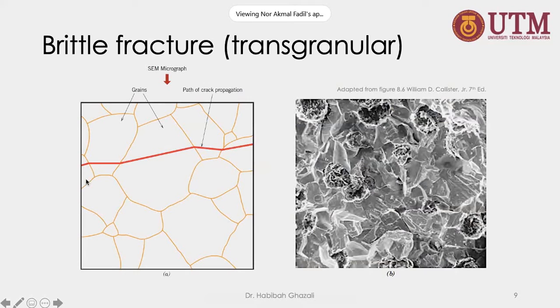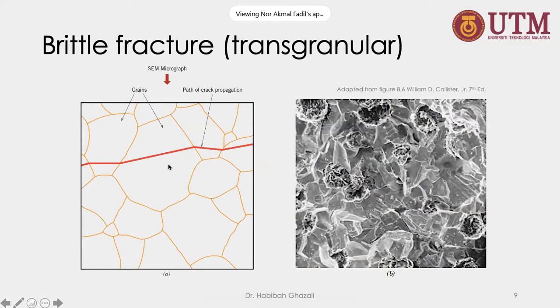Okay, it can happen through the grain and also between the grains. It can be both. But unlike ductile behavior, usually it will occur between the grains. But this one is inside the grain. Okay, we call it transgranular, passing through all the grains.